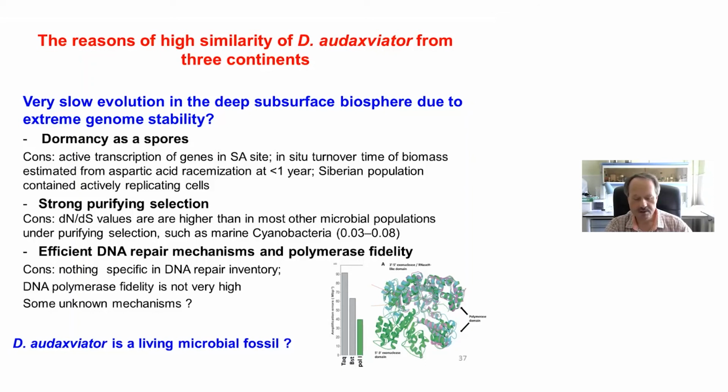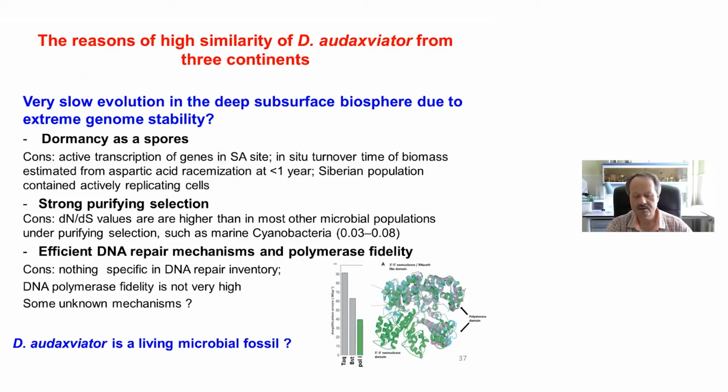Our American collaborators obtained recombinant DNA polymerase and found that its fidelity is not very high. It's a bit more precise than Taq and Bst polymerase, but less precise than Pfu, for instance. Maybe there are some unknown mechanisms contributing to precise replication, especially in vivo, but we don't know at present.